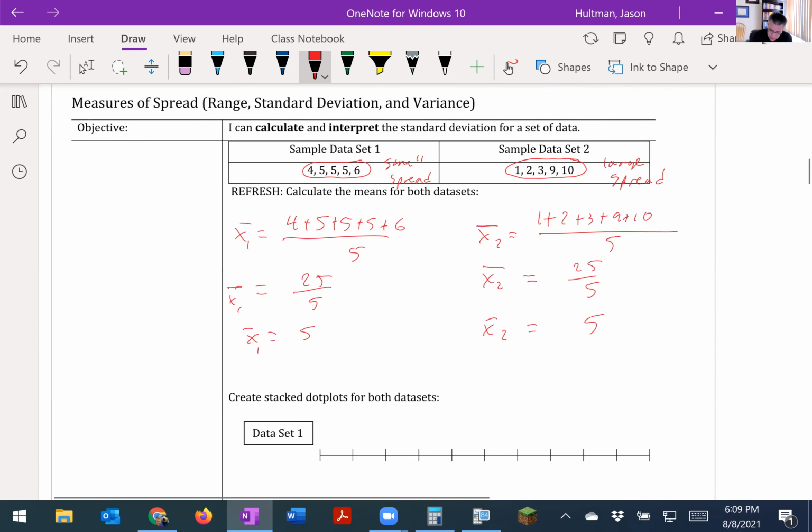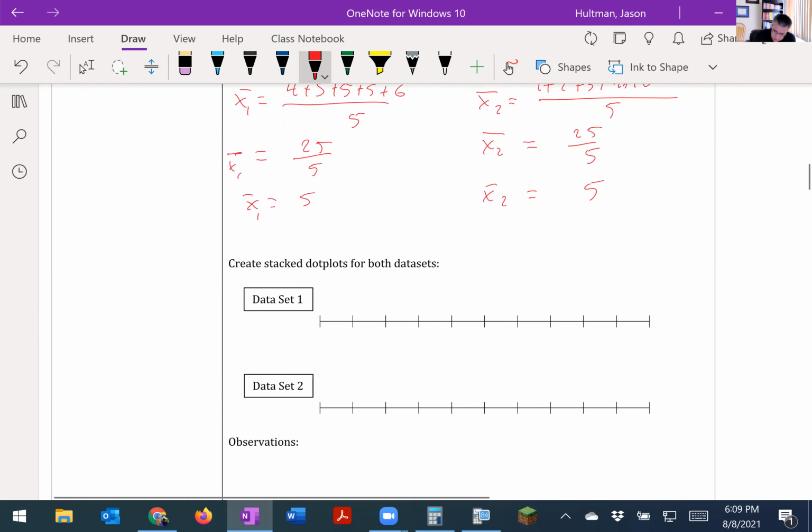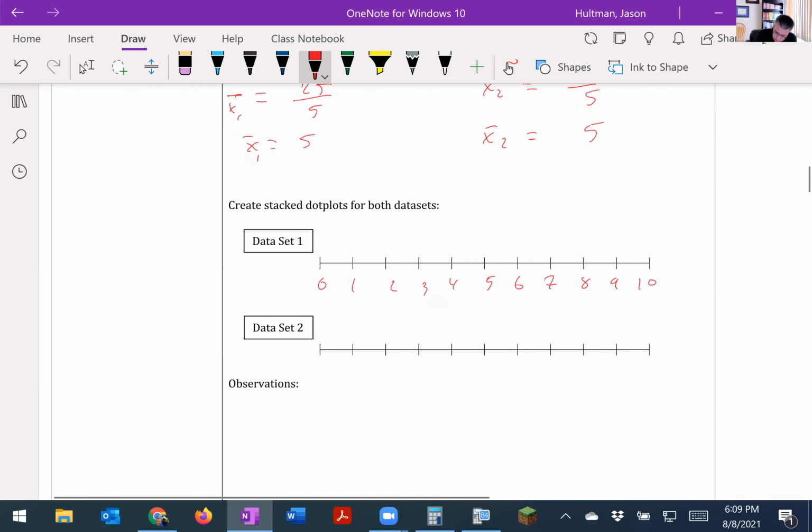Okay, and so let's look at that in a dot plot. Okay, so if I did say 0, 1, 2, 3, 4, 5, okay, 6, 7, 8, 9, 10, and then 0, 1, 2, 3, 4, 5, 6, 7, 8, 9, and 10.